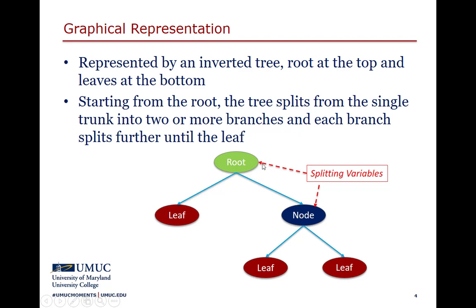These are splitting nodes because you have to make a decision for the partitioning of the data set, and this is a leaf node. So that's the graphical representation. Again, we will go over some of the underlying techniques for selecting variables and thresholds for partitioning.